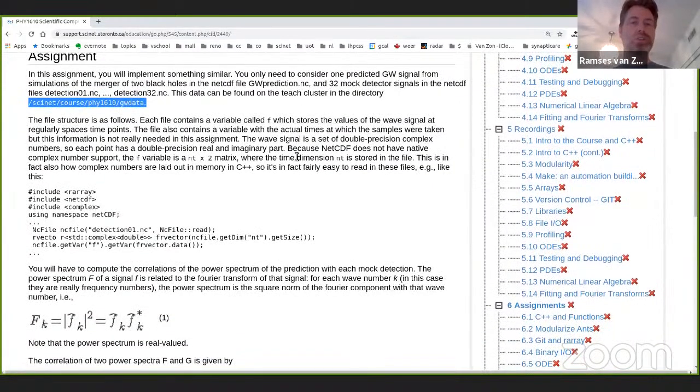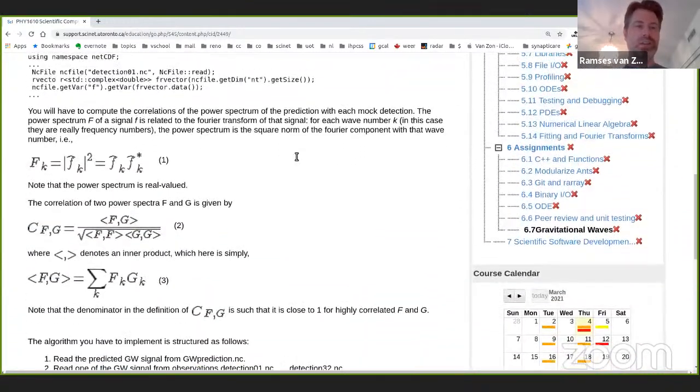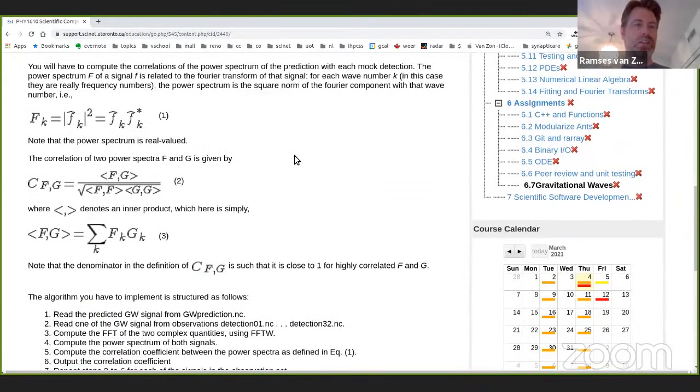So you've got those 32, and you should read through the assignment to see what it actually does. You're going to take the Fourier transform of each of the signals, the prediction and the 32 measured ones, and compute the power spectrum, which is essentially the square of the Fourier transform. That is nice in the sense that from then on you only have to worry about real numbers, whereas f hat itself is a complex number.